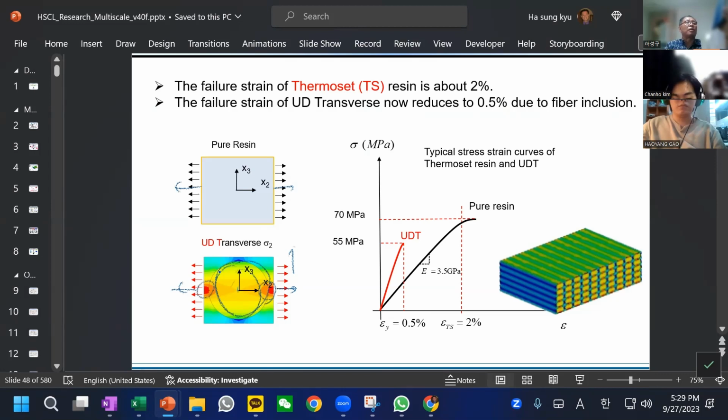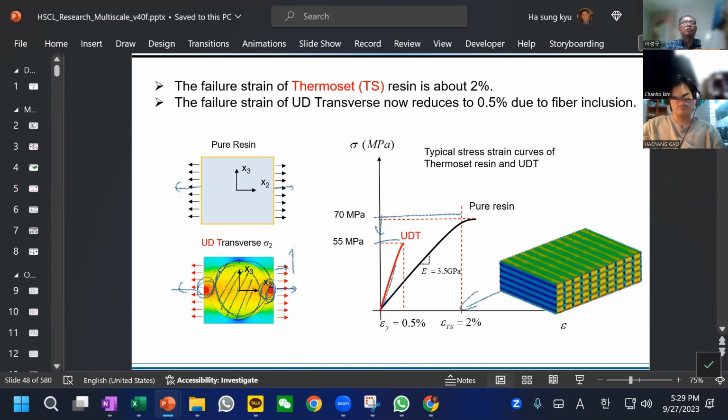Transversely, the stiffness increases compared to the pure resin, but the strength will be decreased. Why? Because there is stress concentration, and then a crack will initiate and separate fiber from fiber. This is another visualization you need to have.